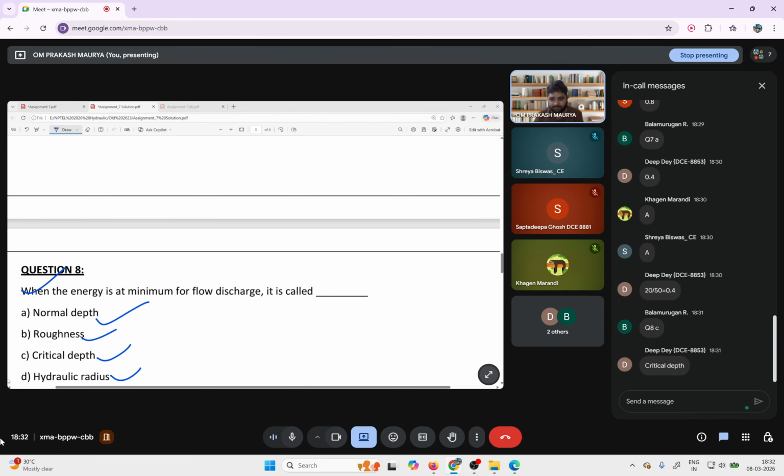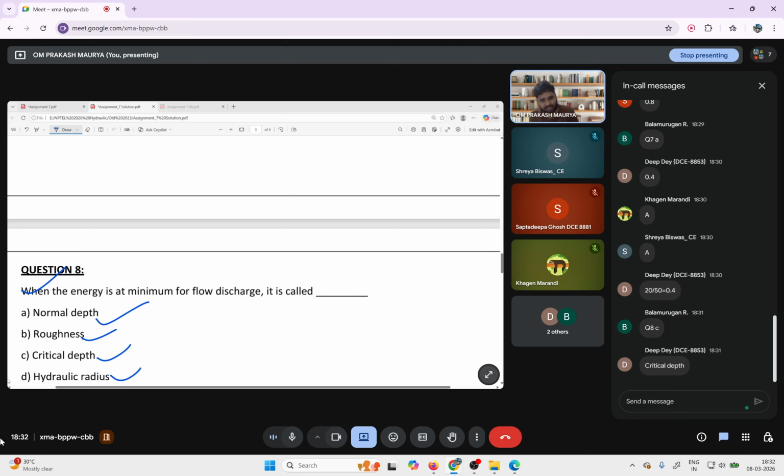Bala is telling option C, critical, and Deep is also telling critical. Others, please think and try to write. When the energy is at minimum for a flow discharge, let us suppose you have 20 meter cube per second, which type of depth will you get? Or at what depth will your energy be minimum? That should be the correct way to think.